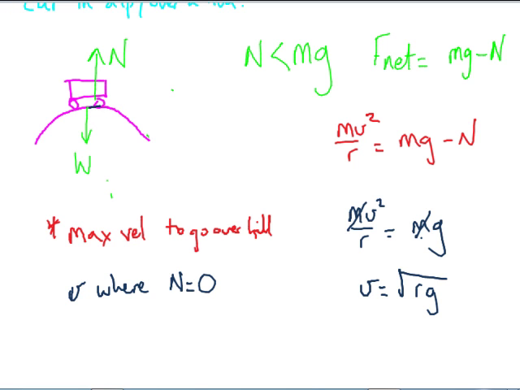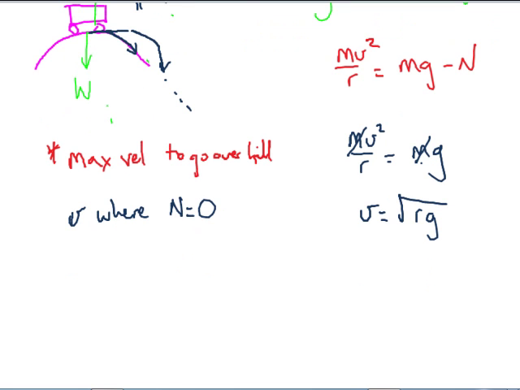Instead of following right along the edge, if v is greater than v max that we'd calculated, then we actually get airborne. And then we follow gravity back to the ground for continuing on. Alright, does that make sense? Does that help distinguish between them? Awesome.